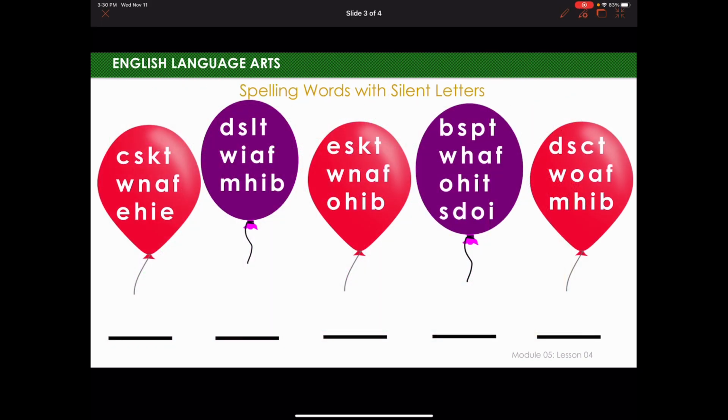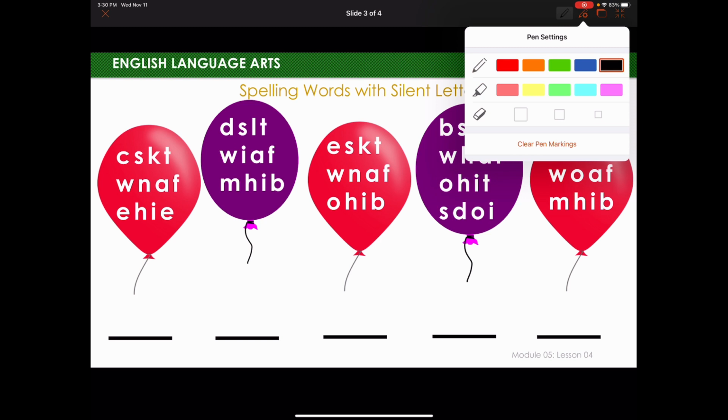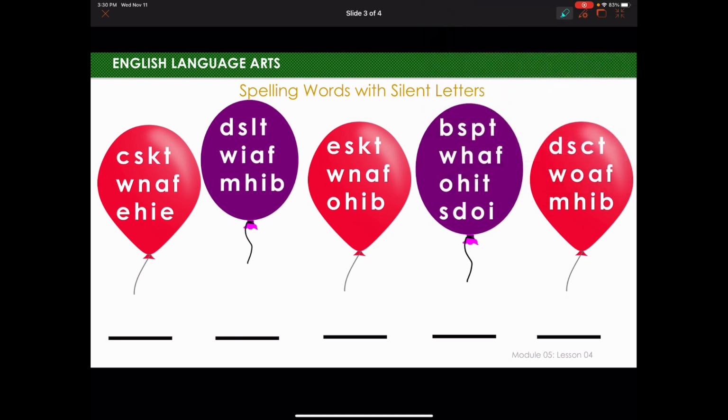Okay, let's practice spelling some words with silent letters. So what we're going to do here is we are going to circle the third letter in each balloon to come up with our new word, okay? And our word is going to have a silent letter in it, okay? So here we go.